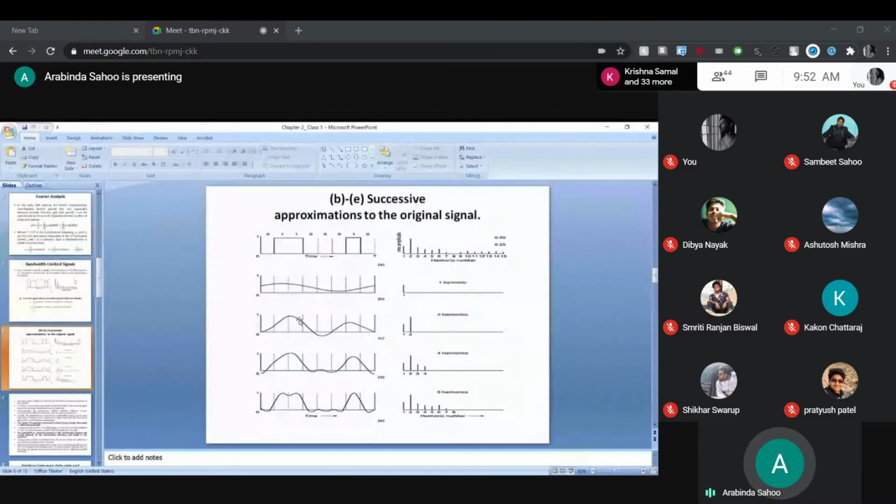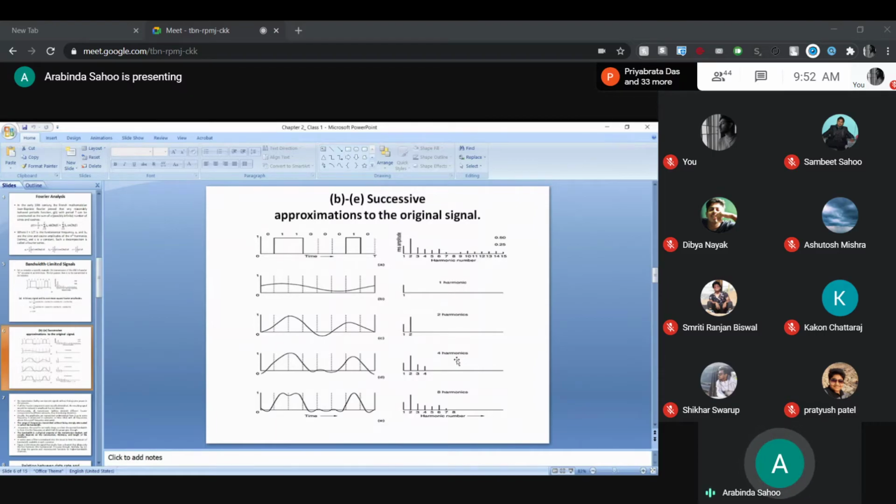You can say this second one approximately tends toward your original signal, because there is a peak which is equivalent to the first square wave, and there is a second peak having less width, which is comparable to your second square pulse. If you consider the fourth harmonics, you can check the third diagram.